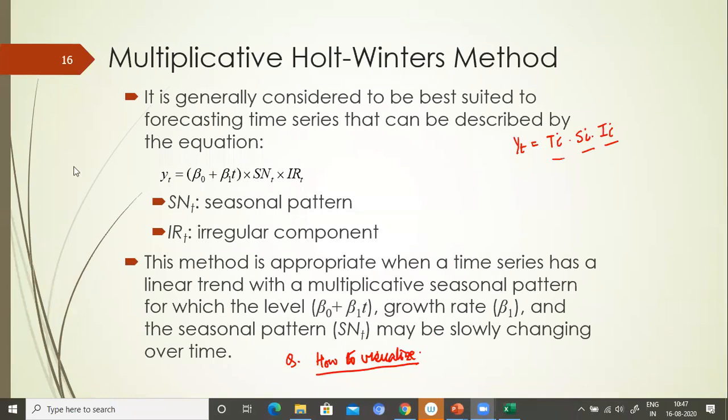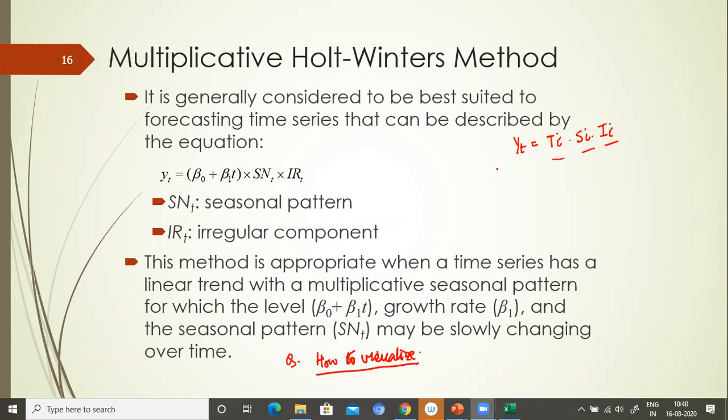All right. So we're going to talk about what is also known as the multiplicative Holt-Winters method. The difference between the earlier method and this one is that we are acknowledging the importance of a seasonal pattern in the data, and we will consider a multiplicative format for the model.